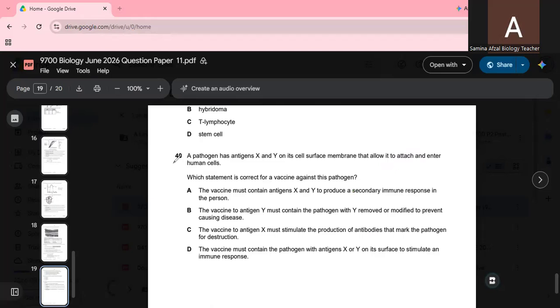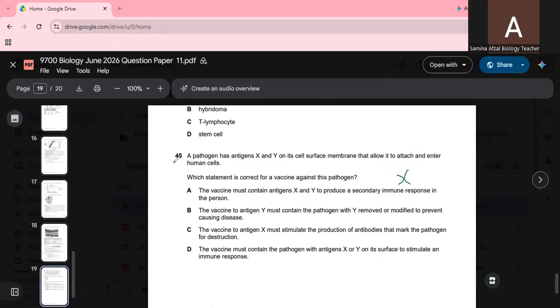Which statement is correct for a vaccine against this pathogen? The vaccine must contain antigen X and Y to produce a secondary immune response in the person. This is not the correct option.